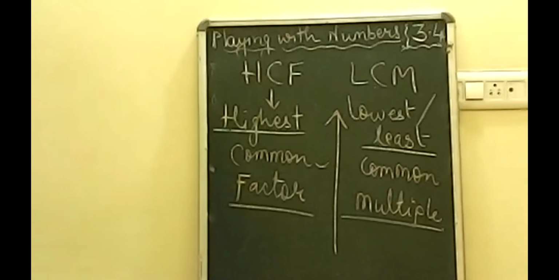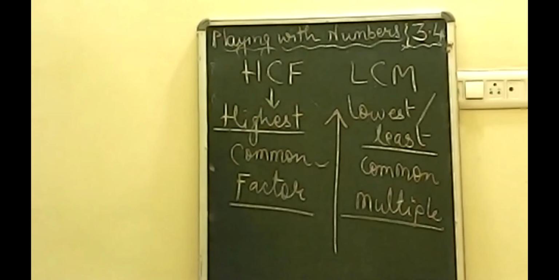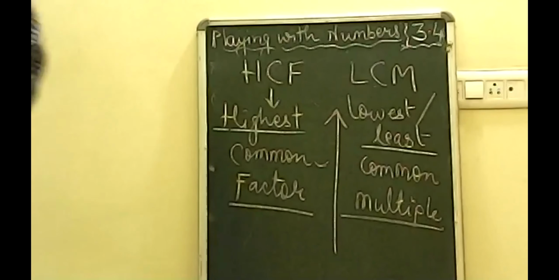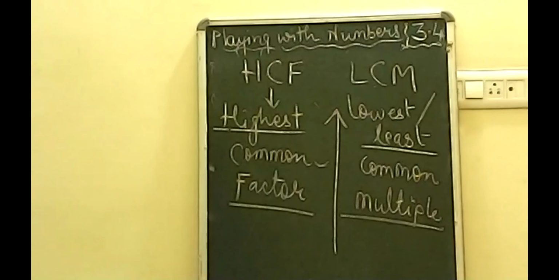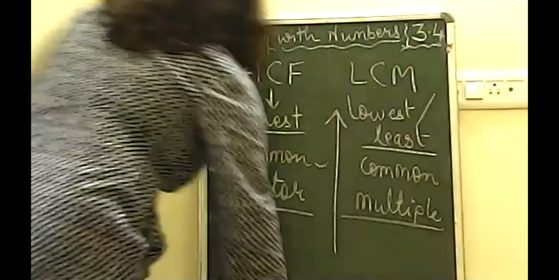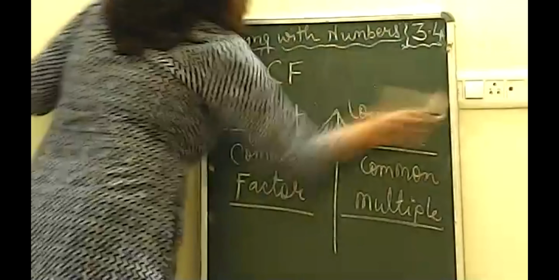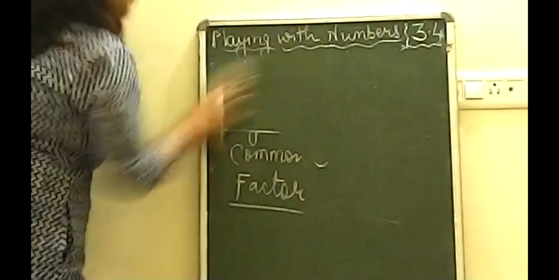Now there are many methods of finding HCF and LCM. Today we are doing the listing method. That is exercise 3.4. Okay? So let us start finding out the first thing, that is HCF. सबसे पहले हम लोग पढ़ने वाले हैं HCF.